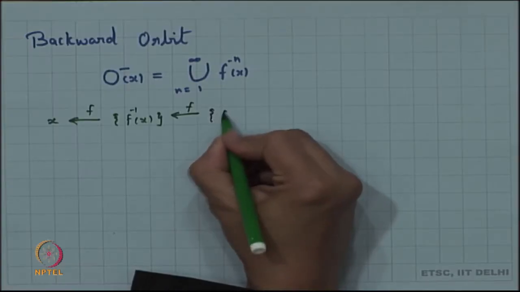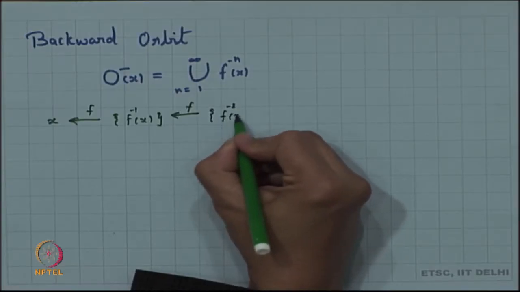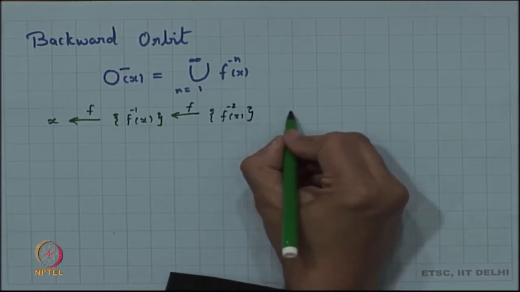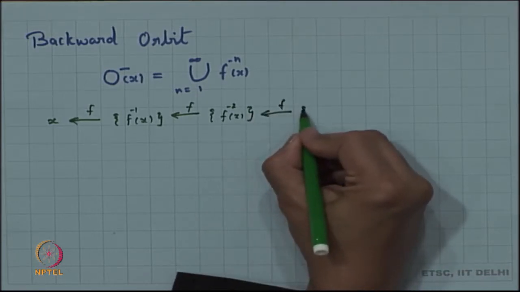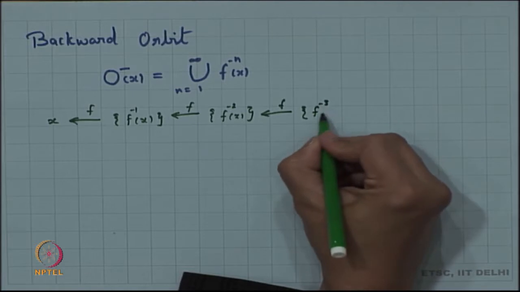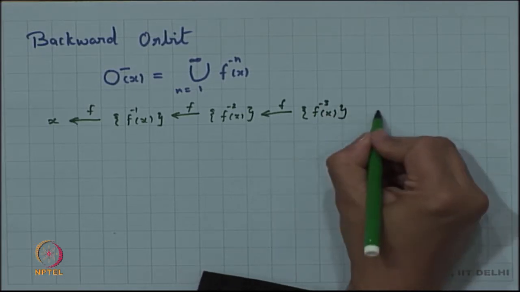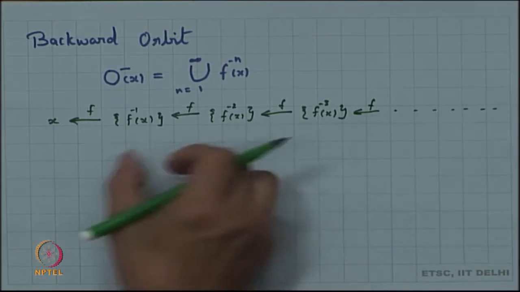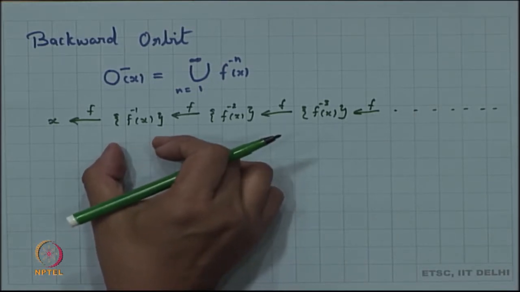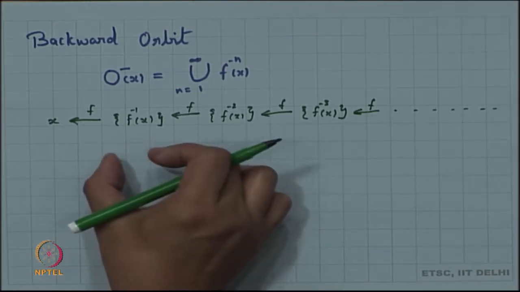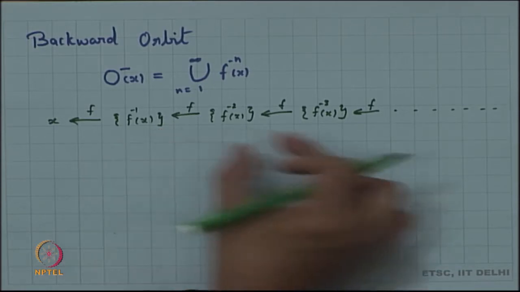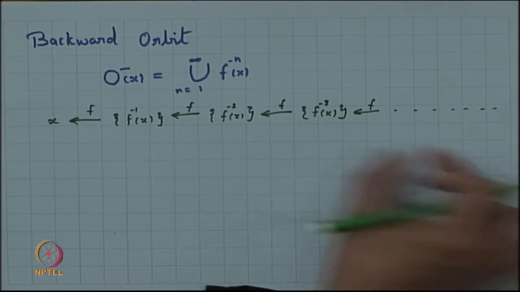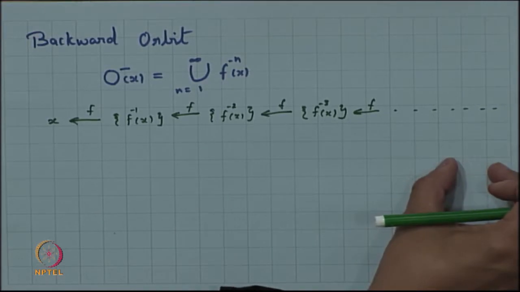So you have this set f minus 2 of x, and similarly there is a set being mapped into it, which we call f minus 3 of x, and so on. Ideally, what we are looking into is our negative orbit, our backward orbit, the union of all these sets.